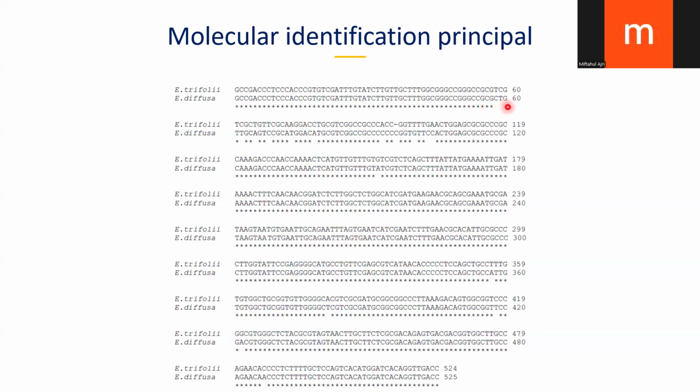For the last one, E. trifoli has TCG and CTG is for diffusa until the end. So the difference in this base, the nucleotide sequence, will help us to identify the species.